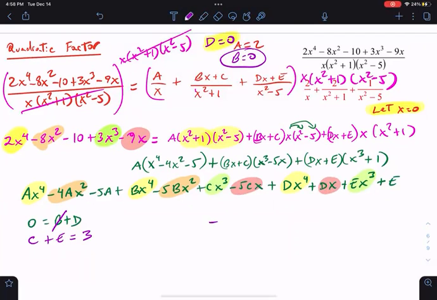So -9 equals -5c plus d, right? And let's see, I have d equals 0. So this disappears, right? Because d disappears. And I have -9 equals -5c.